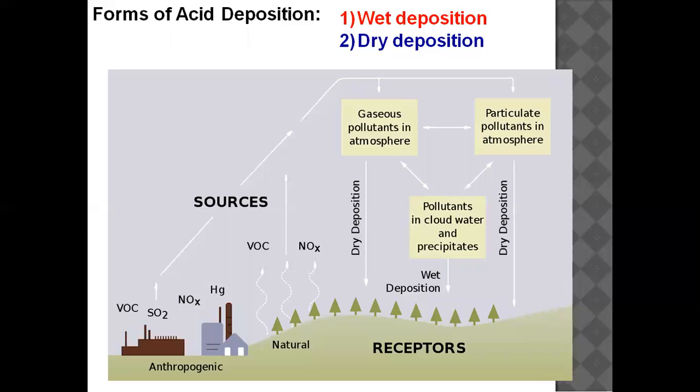So there are two types of acid deposition process. One is called wet deposition and the second one is called dry deposition. What does it mean?